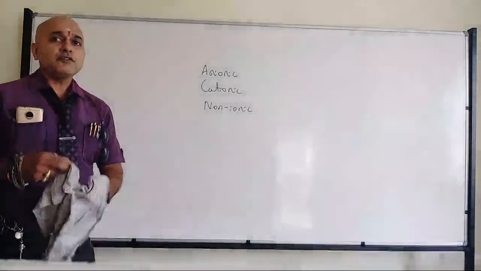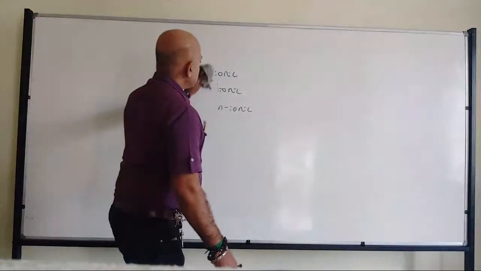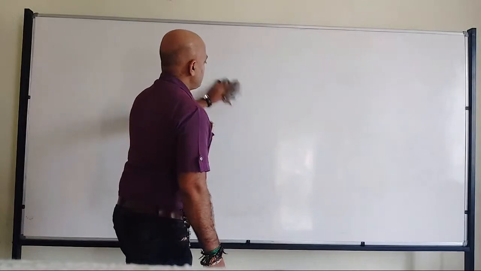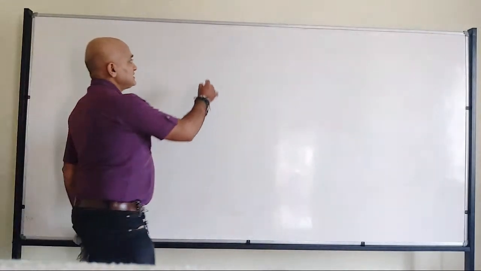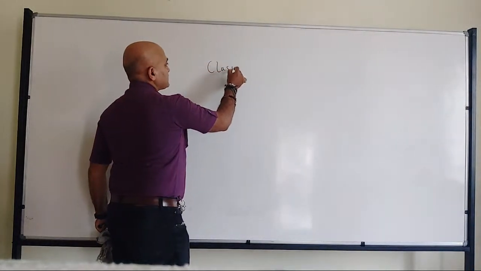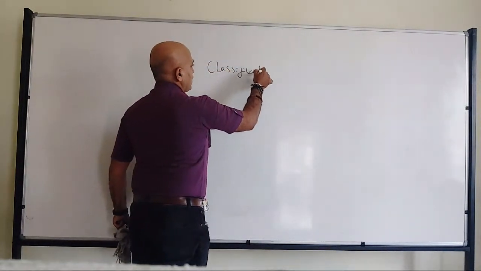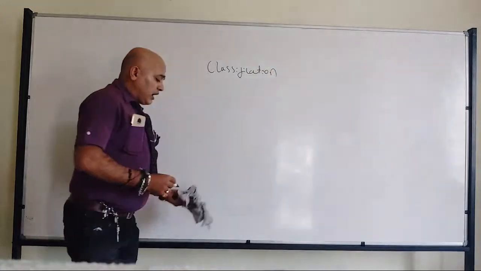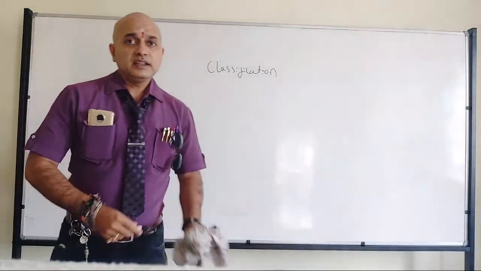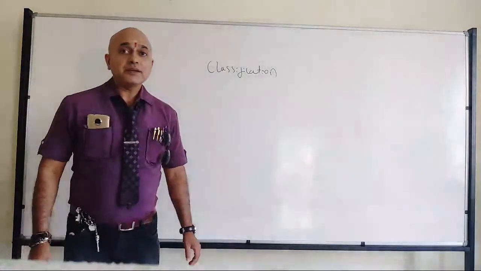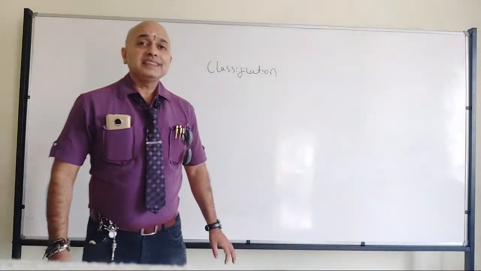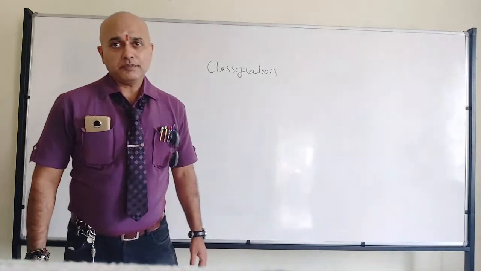Okay. Now when I am talking about the next chapter, that means polymers. We started with the polymers, right? So we were discussing classification of polymers. That's where we have natural polymer, then semi-synthetic polymer, then synthetic polymers, right?